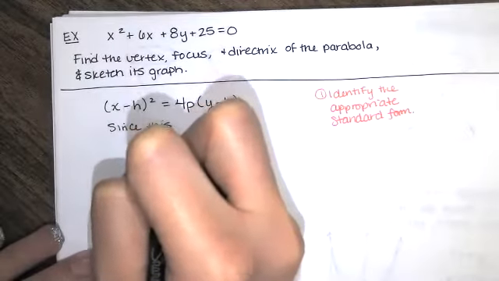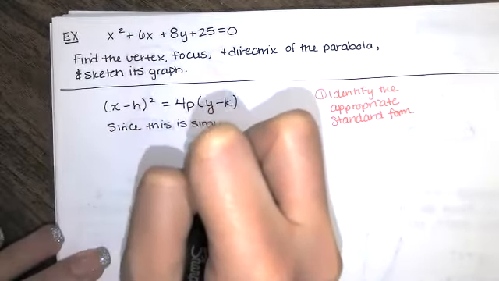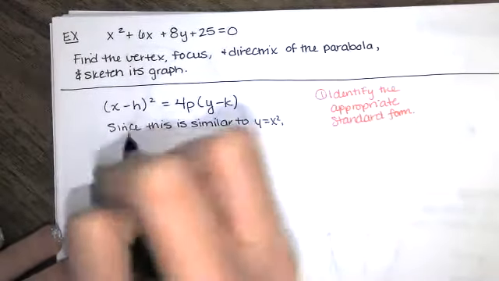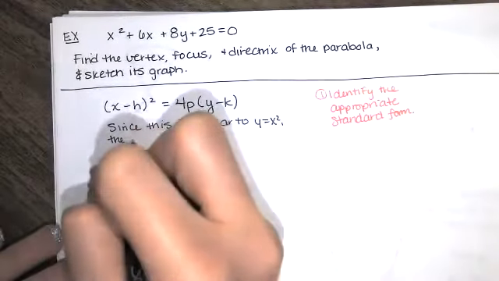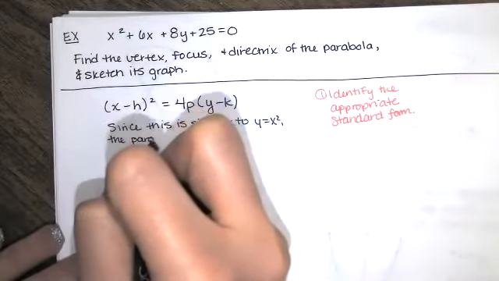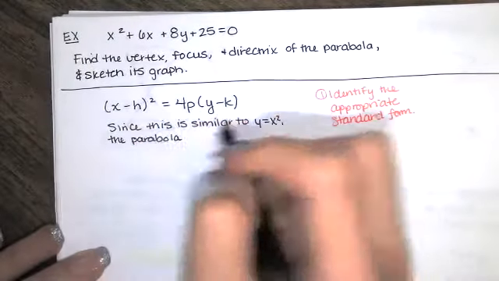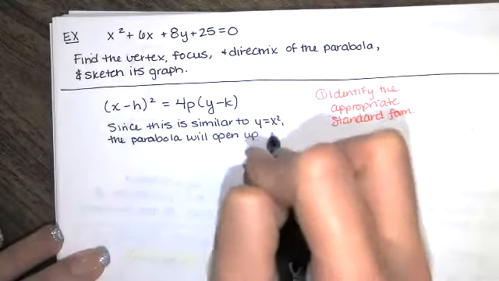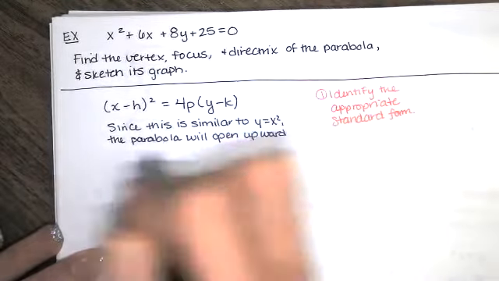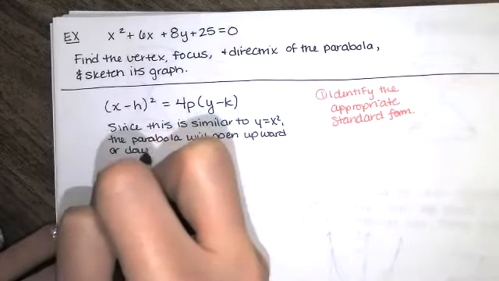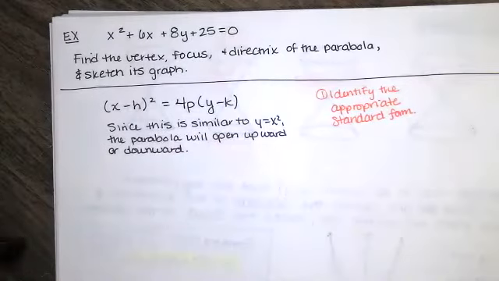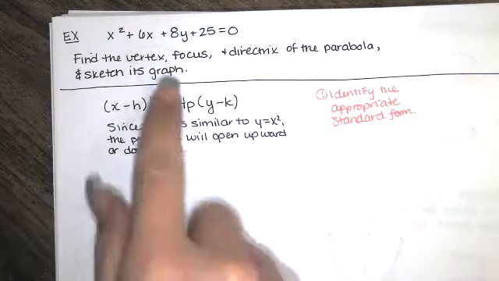So, since this is similar to y equals x squared, the parabola will open upward or downward, one of those. Okay, so we've identified the appropriate standard form.